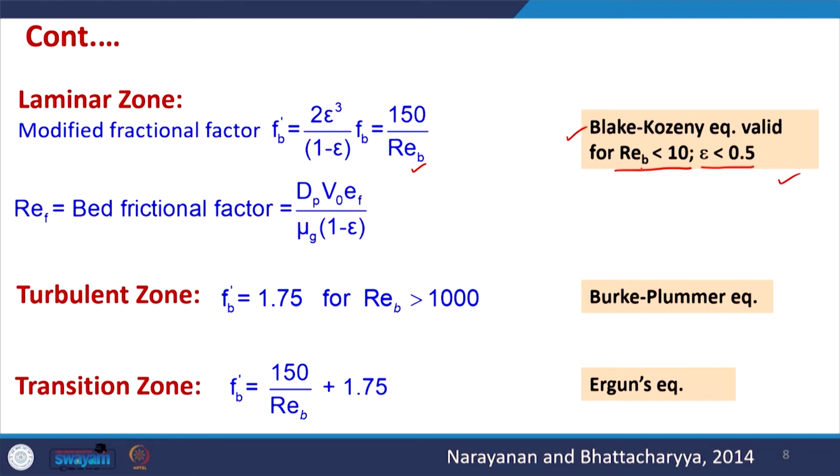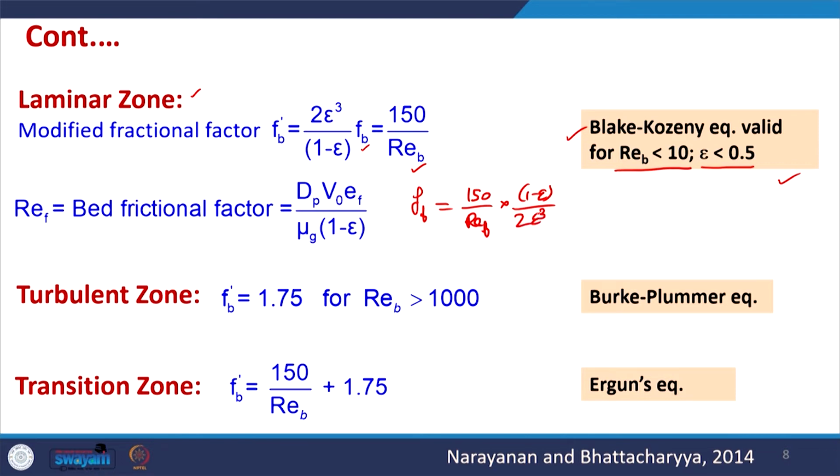Now, if it is less than 10, this is called the laminar zone, and we can use this particular equation for finding out the modified friction factor, or we can find out the friction factor also. This will be like 150 upon REB into 1 minus epsilon divided by 2 epsilon cube.